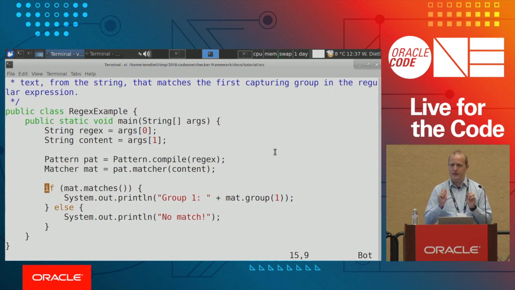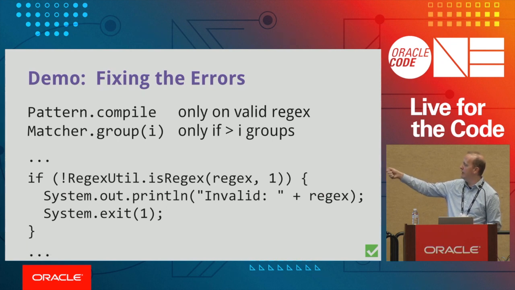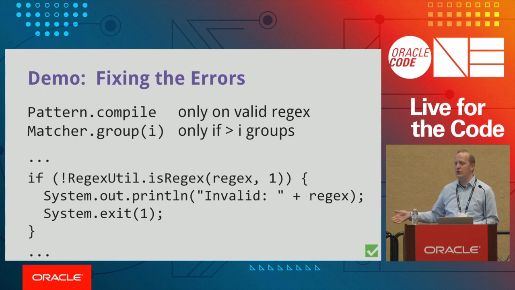But the point is that you have this flow-sensitive type refinement, so even without adding a single annotation to your code, because the type system sees that if the regular expression doesn't contain at least one capturing group, you exit the program. So after that, you know that this string contains a regular expression with at least one capturing group. You didn't need to add any annotation yourself. It's just from understanding the behavior of this isRegex method, you get the guarantee about your program.